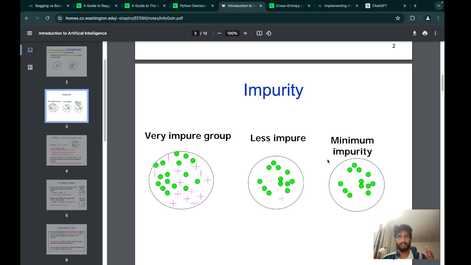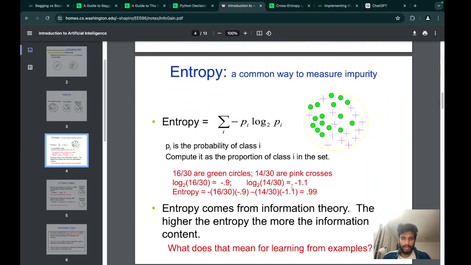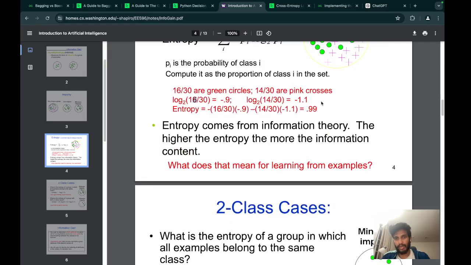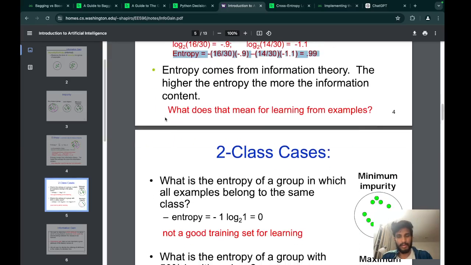And if it is very impure, then it's basically 50-50, right? So this 14 by 30 and 16 by 30 are basically close to 50-50. And entropy works in such a way that we would get one if the impurity is 50-50.